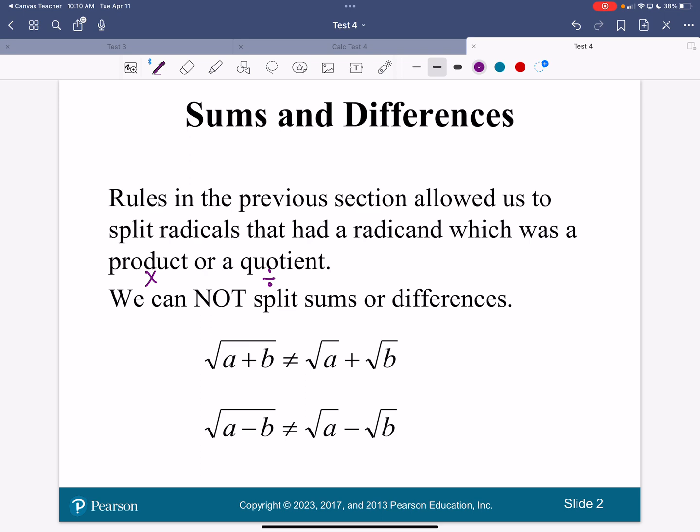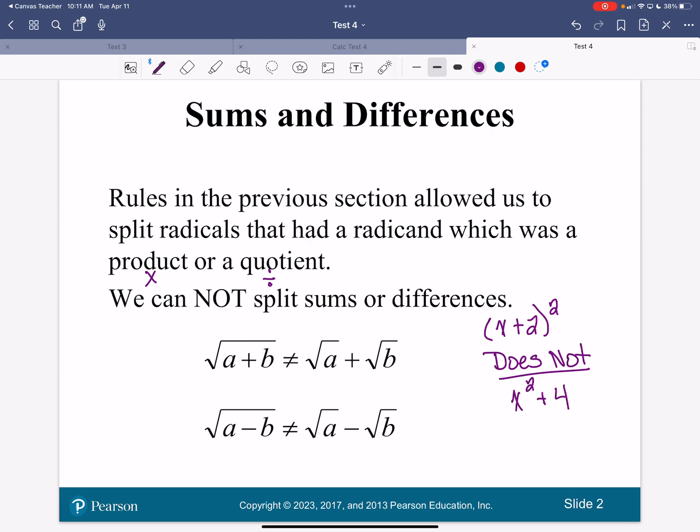In the same way that x plus 2 squared does not mean x squared plus 4. It's the same idea. Just like we could not do x squared plus 4 when we've got x plus 2 squared, we cannot do the square root of a plus the square root of b when we have the square root of a plus b.